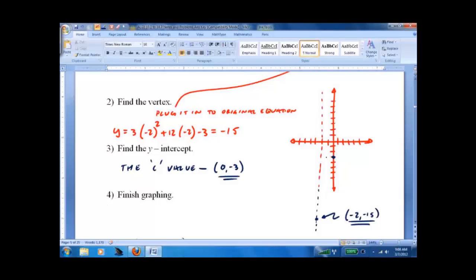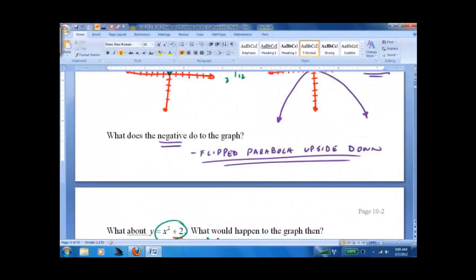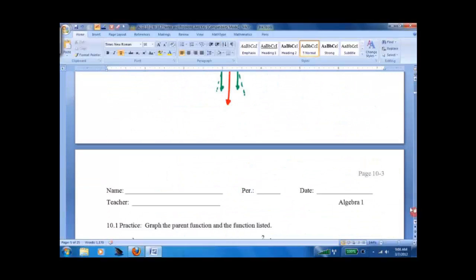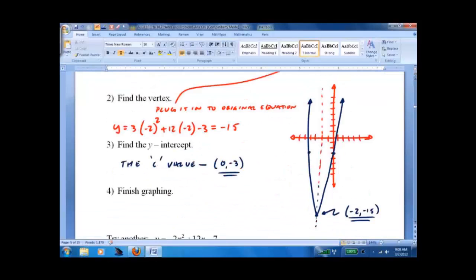Now we're symmetrical because it's a parabola. So if we are 2 over and 3 down, we should go 2 over and 3 down, right about here. We've graphed it.